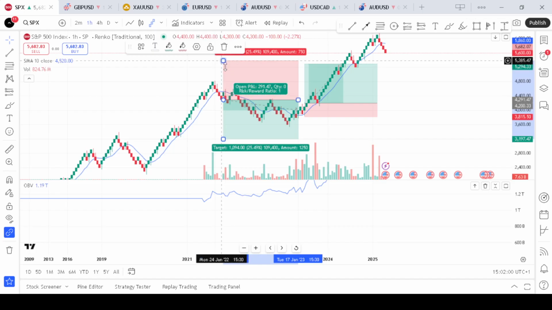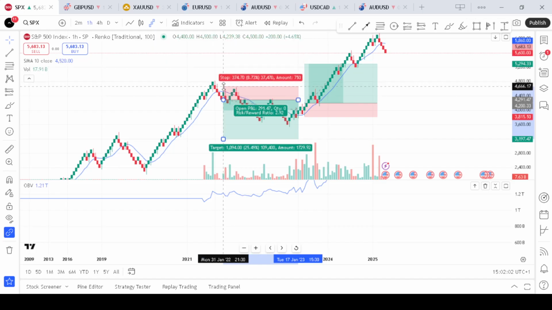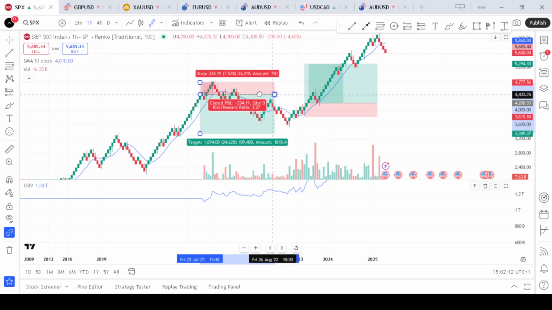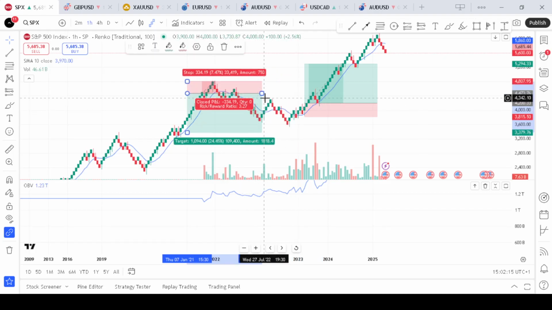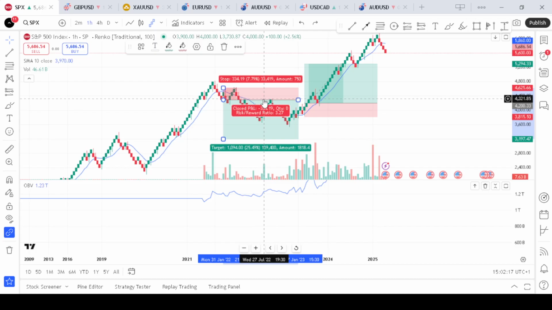Remember, you put your stop loss just above the second red brick, and this is how we place our trade. This approach accommodates normal market fluctuation while protecting against false signals.